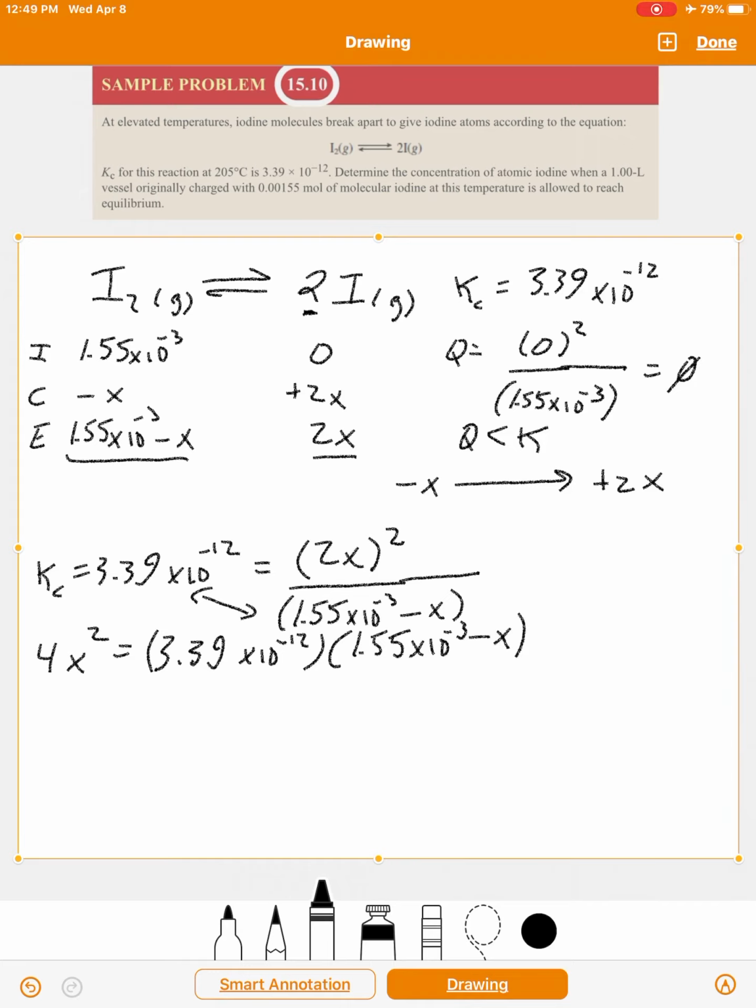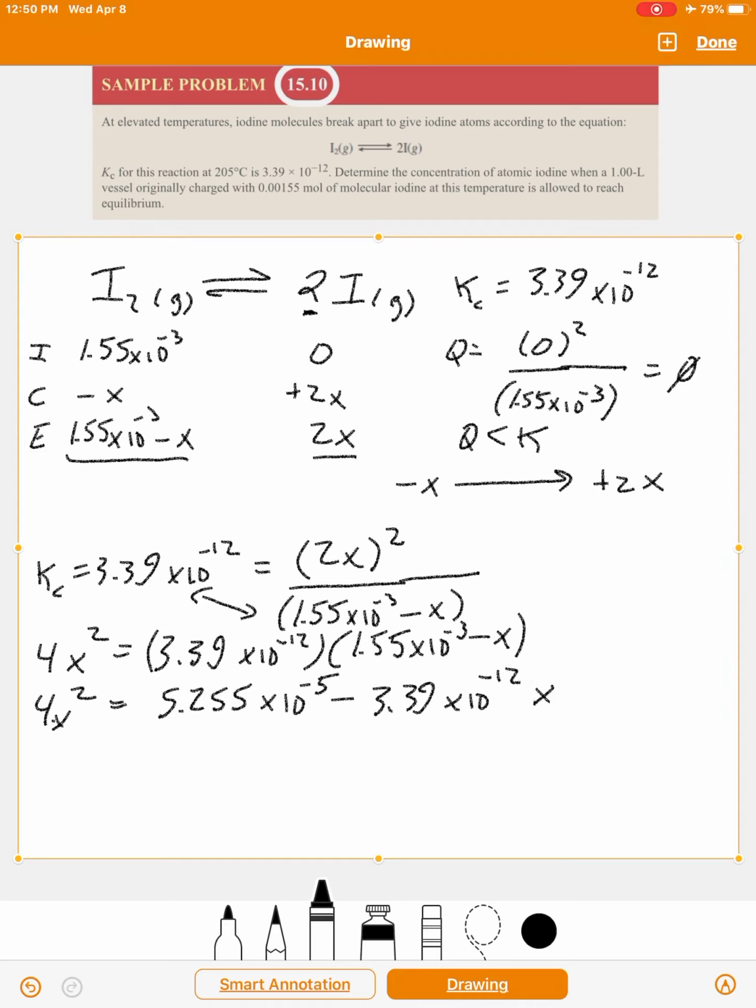Okay? Distribute that value of K. So you get 4x squared equals 5.255 times 10 to the minus 15 minus 3.39 times 10 to the minus 12x.